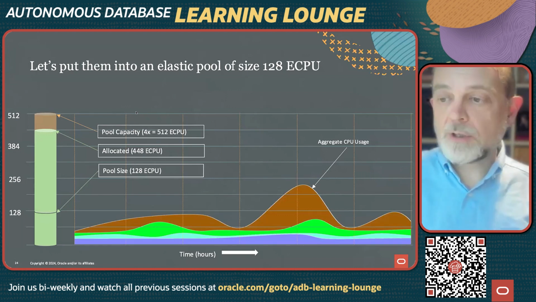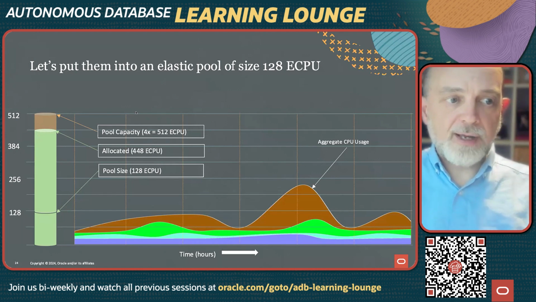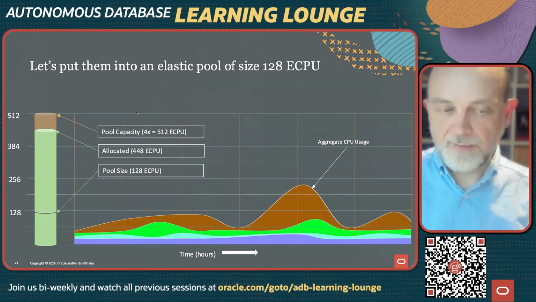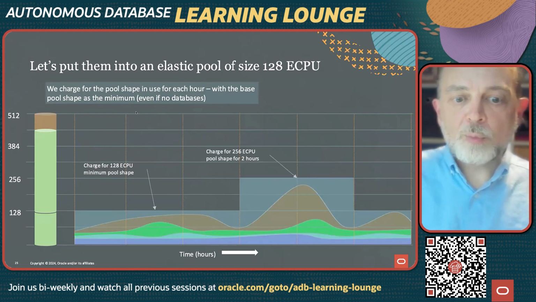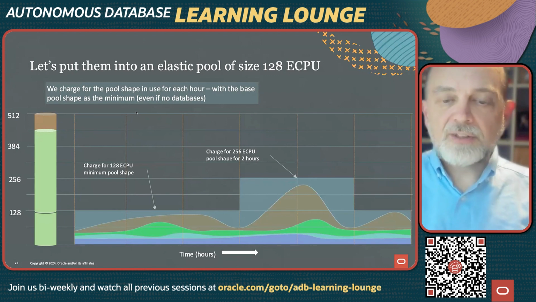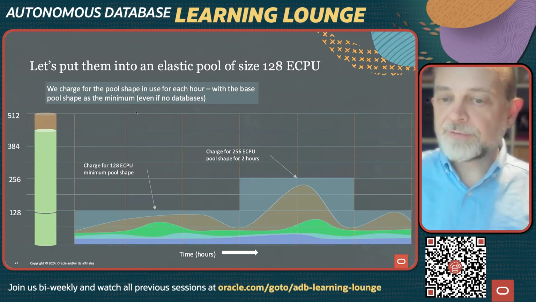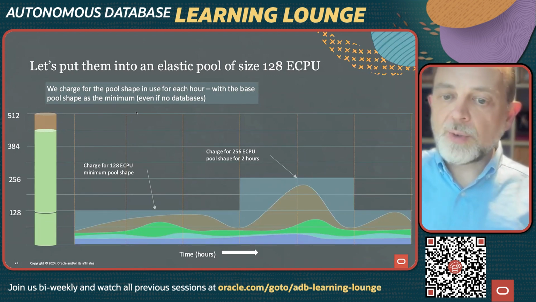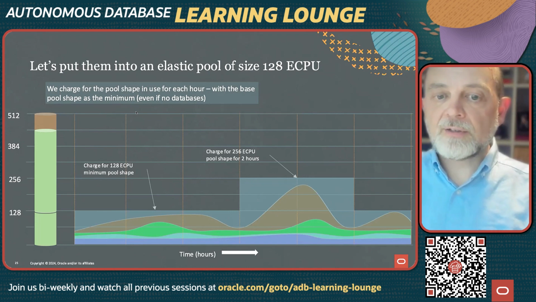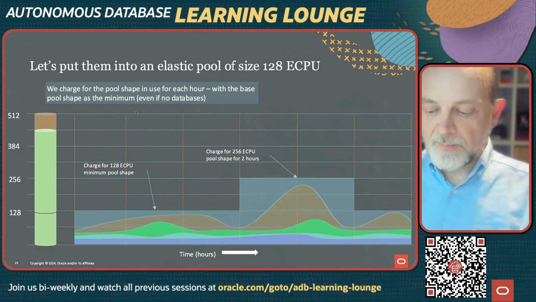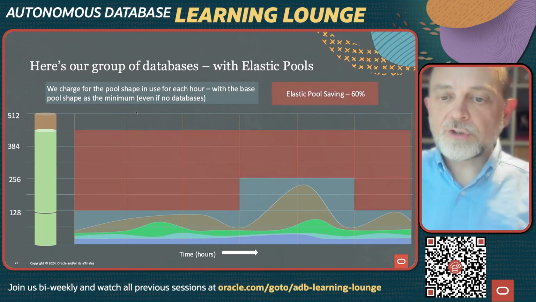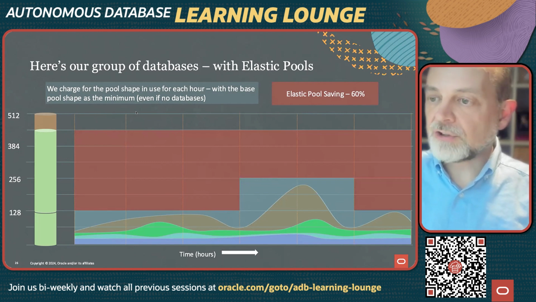Now the full capacity of the pool might be a little bit more than that. In this case, I've got it at 412. But what we charge for as Oracle is nothing like that top number. What we charge for is the base amount, and only when the eCPU goes above that level do we charge a little bit more. And what that means is that all of this red stuff is consolidation savings.